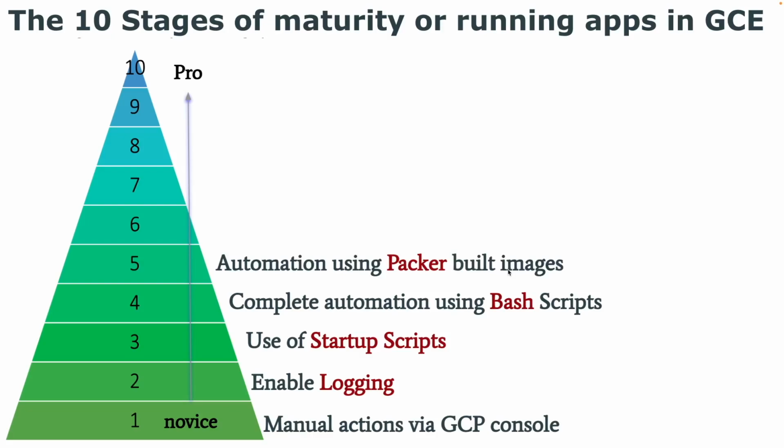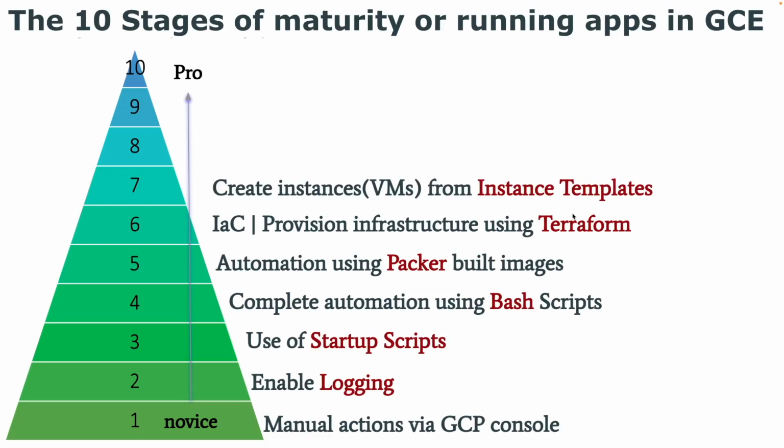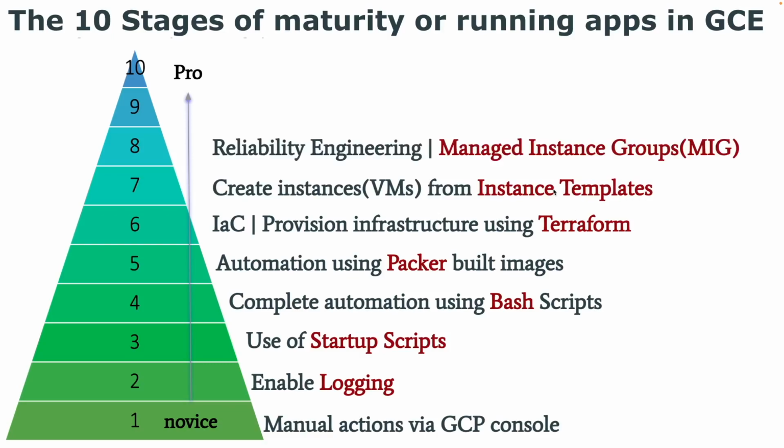Then we build automation using Packer-built images. We then introduce IaC, provisioning infrastructure using Terraform. We then create instances using instance templates. We then apply reliability engineering principles to avoid single points of failure by introducing managed instance groups. We then implement a load balancer.